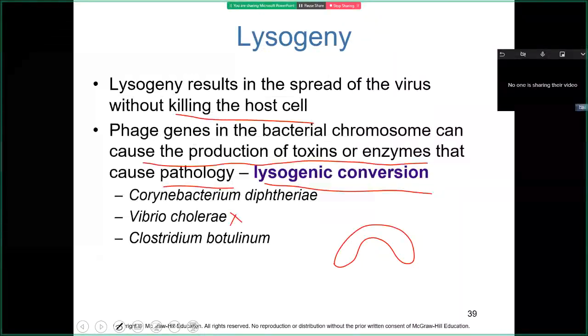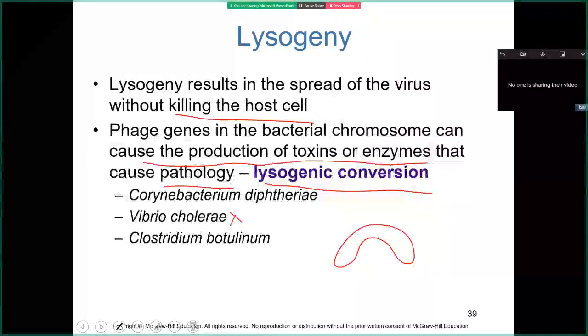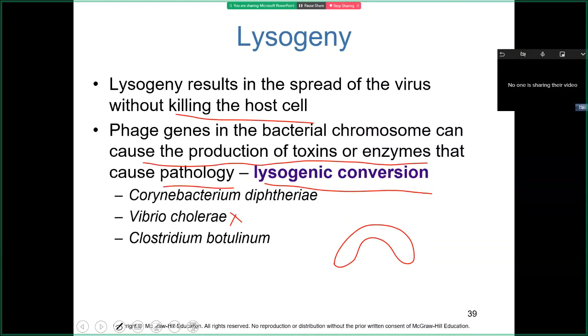And so if you were to, say, wade out into that water, or God forbid, get some of it in your mouth or on the mucous membranes, and if this particular bacterium was lysogenically converted by a virus, it could cause cholera and lead to death fairly quickly.